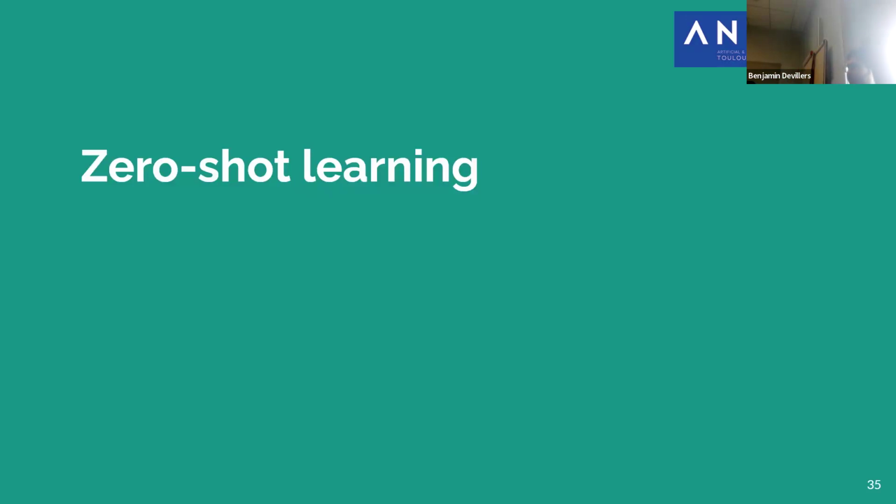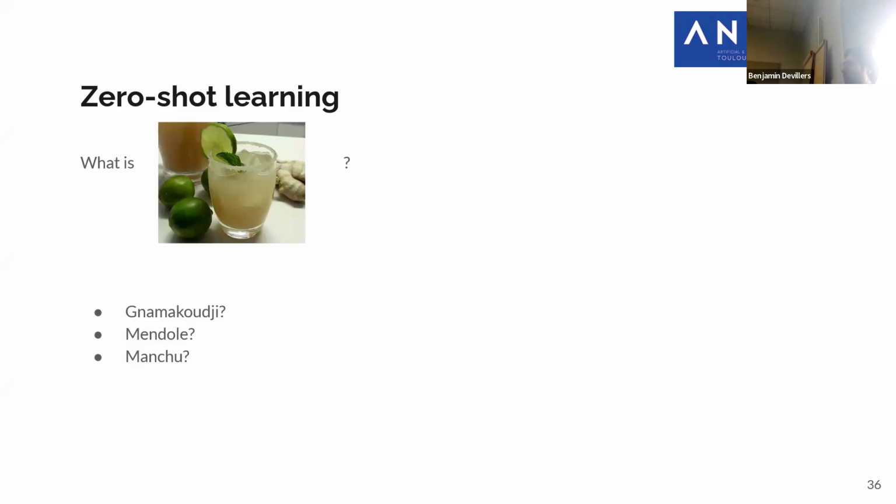Now zero-shot. It gets even more difficult now because we have some classes where we don't have access to labeled examples. But I'm going to preface this with an example. I'm going to give you a picture here, and hopefully you don't know what this word means. If you do, then it doesn't work.